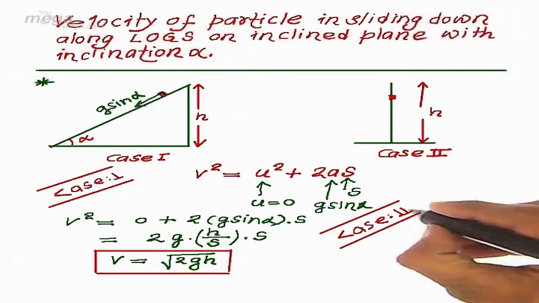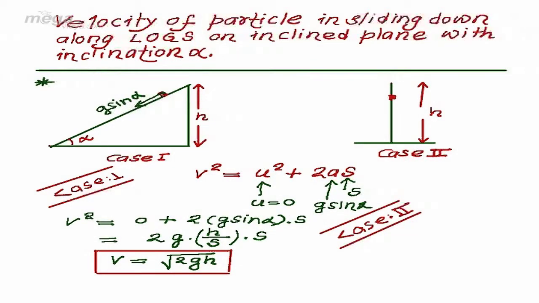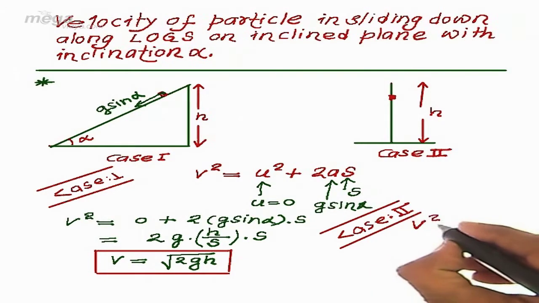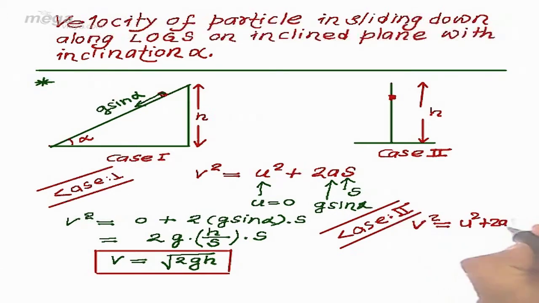If we talk about case 2, we can apply the same equation, v square equal to u square plus twice as. For the particle dropping under gravity, we can take s to be equal to h and acceleration a to be g.